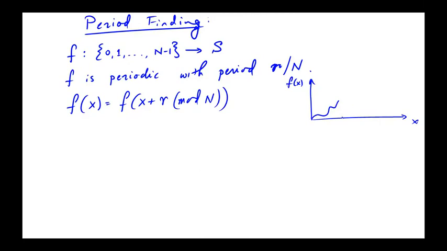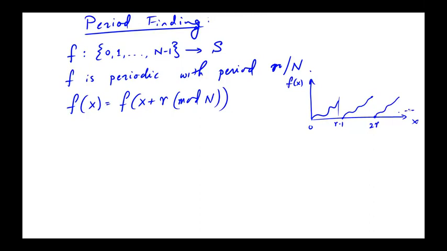It's 1 to 1 up through r minus 1, and then starting from r you have exactly the same shape, and starting from 2r you have exactly the same shape, and so on. Okay, so that's our function f.